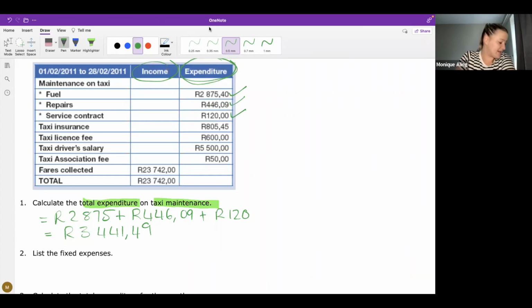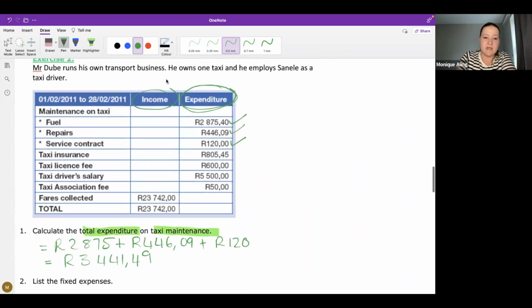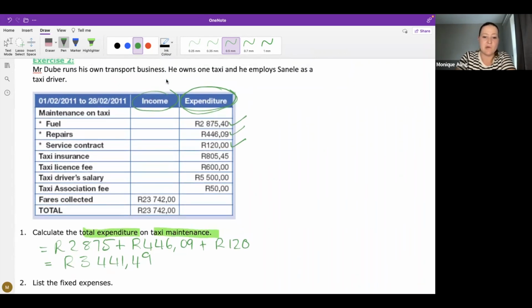Insurance, well done, Asanda. Insurance is 1, the taxi insurance. Anything else? I think Apiwe just needs to read the question again. We have 3 more to go, guys.